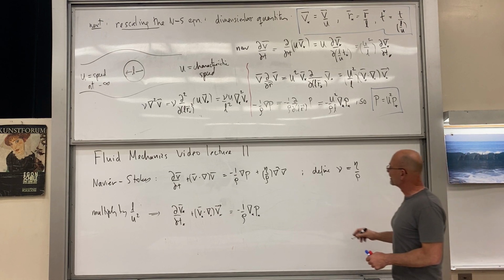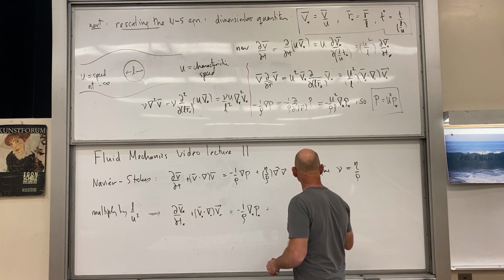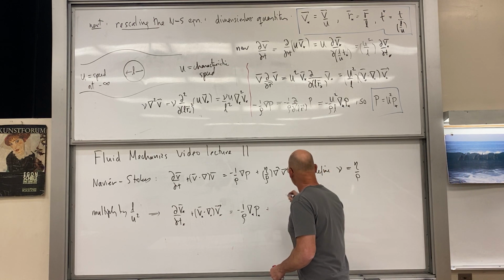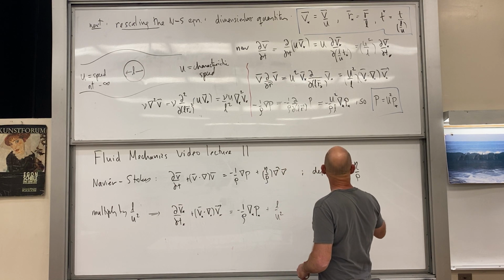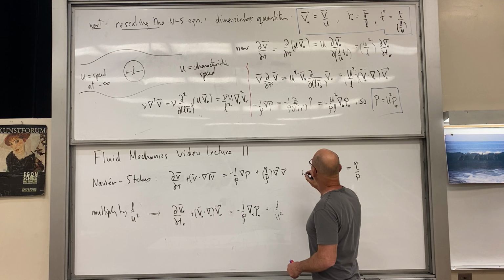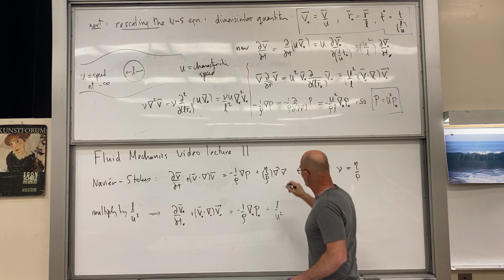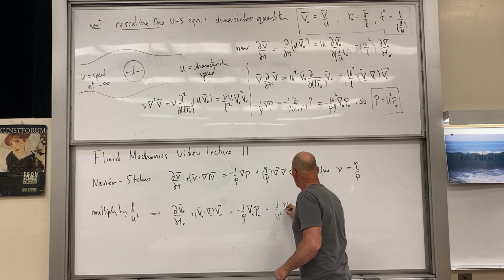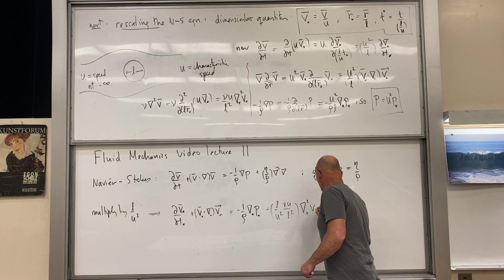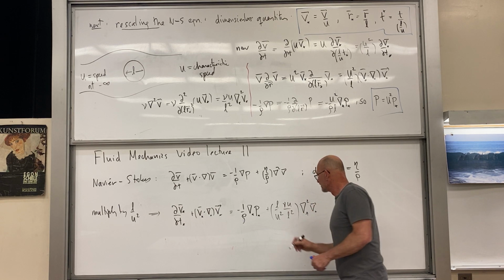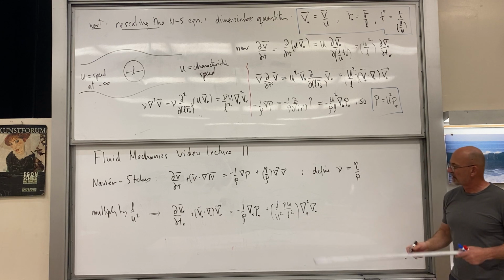And what we're left with for the last one I'm going to write out, we have L over U squared nu U over L squared V star. Okay. So the punchline is here.